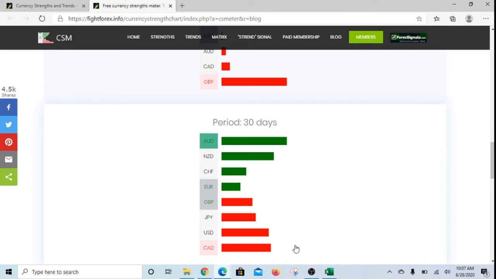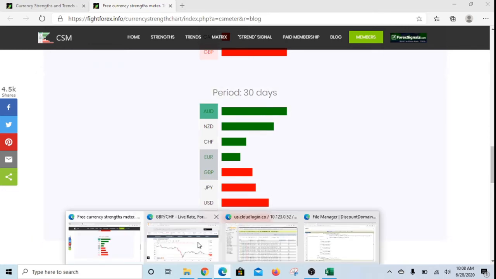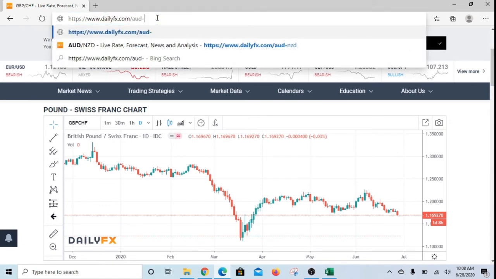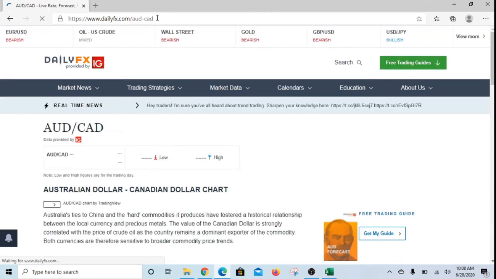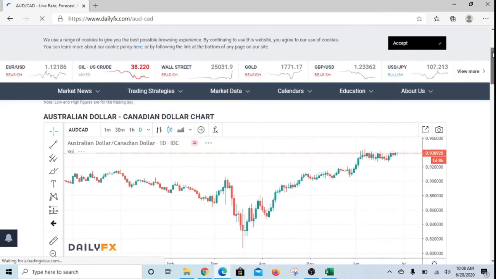What in this example it's telling you is that over the period of the last 30 days, Australian dollar has been showing strength and Canadian dollar has been showing weakness. Let's verify this. We have a chart of GBP CHF open here. Let's open the chart of AUD CAD and see if our meter is showing the right indication.